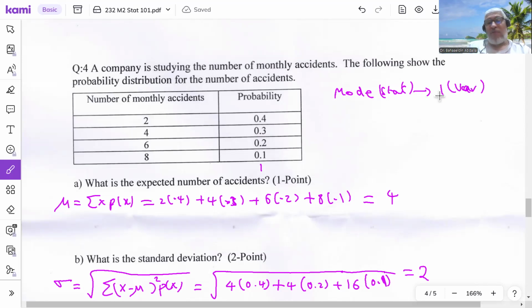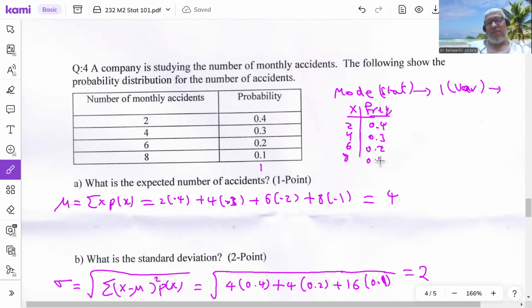And the frequency should be there. If the frequency is not there, put it. So there should be x and frequency. How to put it? Using shift mode. Shift mode will give you frequency. Shift mode, go down to stats, press stat, it will ask you frequency on or off, put it on. Put x as 2, 4, 6, 8, and put the frequency as the probability.